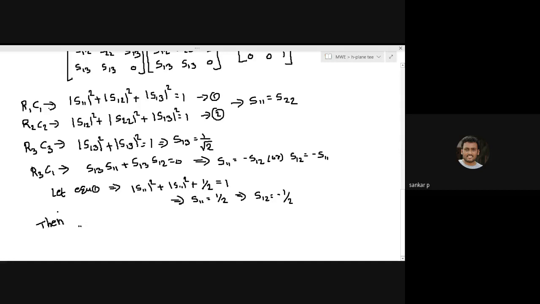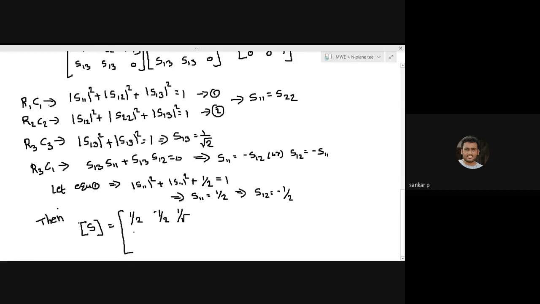Then the third stage of the scattering matrix: S is equal to S11 means 1 by 2, S12 means minus 1 by 2, S13 means 1 by root 2. Again S12 means minus 1 by root 2.